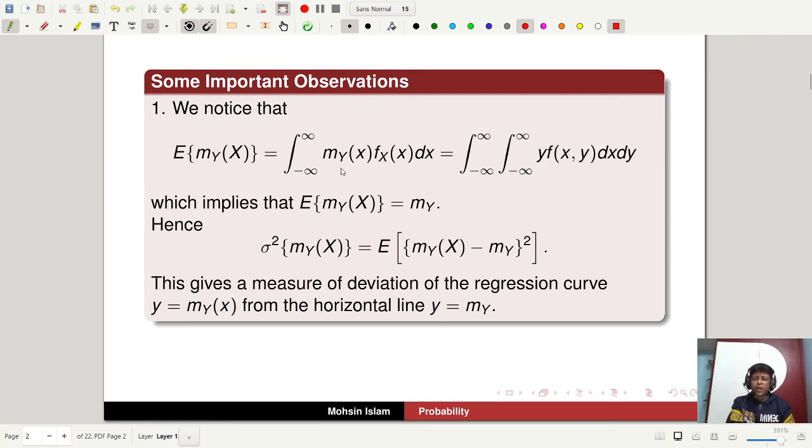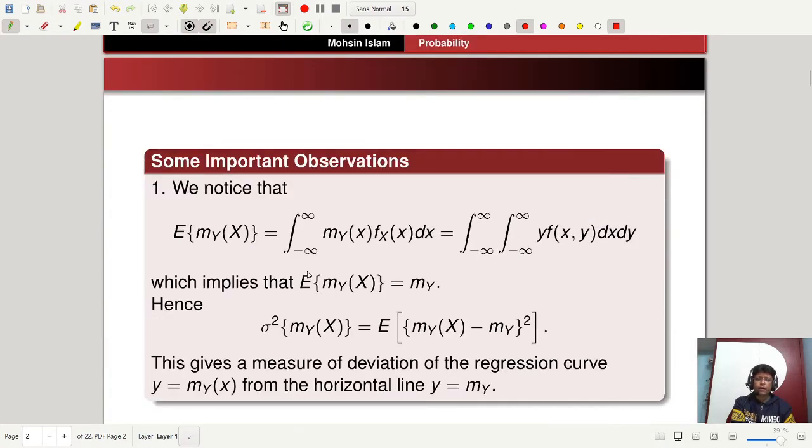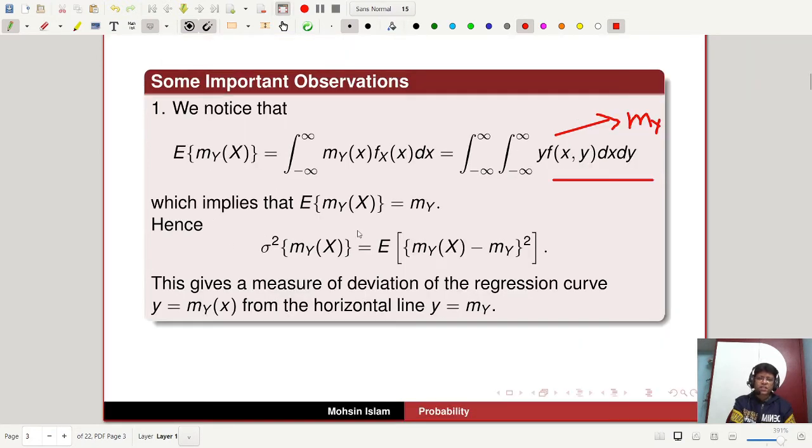And also, if you replace μ_y|x by its integration, because the expression of μ_y|x is the integral from minus infinity to infinity of y f(x,y), the joint density function of x and y, if x and y are two random variables, dy over f1(x), you will have this expression finally. f1(x) got cancelled and you remain with the expression y f(x,y) dx dy, which is nothing but your mean of y. So which implies that the expectation of μ_y|x is nothing but μ_y, the mean of y.